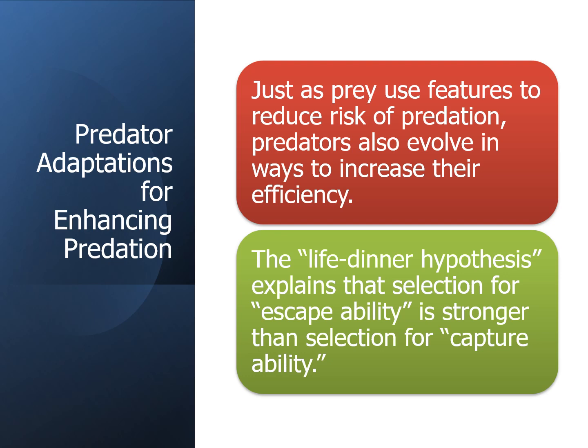Makes sense, because if in that predator-prey interaction, the prey loses the interaction, then they die. But if the predator loses, then the predator just loses a meal. If the prey loses, they don't live to have babies and to carry on their genetics. If the predator loses, they go hungry, but there's still opportunities to eat again, to have babies to continue their genetics. So that is the life dinner hypothesis. Kind of interesting. There it is.